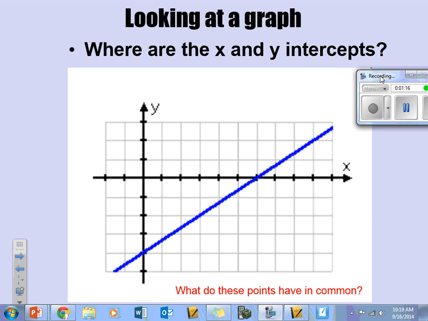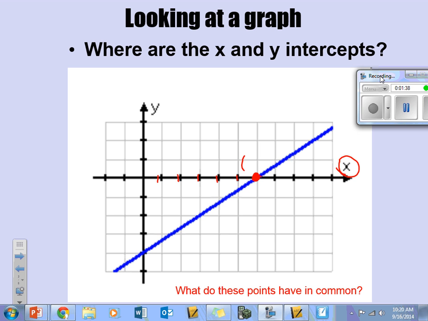Now, if we're looking at this graph, we can see that the x-intercept is on the x-axis. So if I count over 1, 2, 3, 4, 5, 6, this coordinate is the x-intercept. What is that ordered pair coordinate?